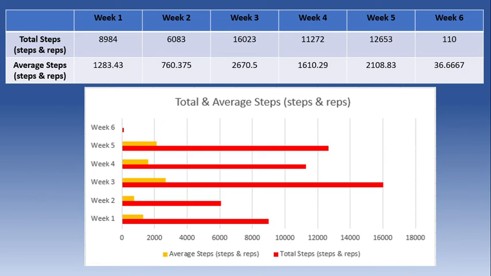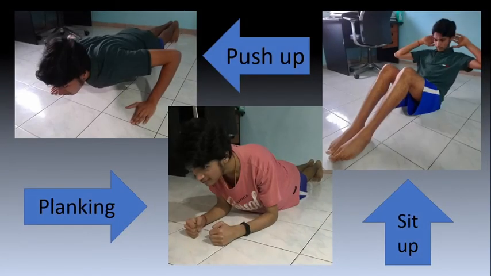According to the chart, on week 3, I have done a total of 16,023 steps due to the more exercises I did, which included jogging, quite a number of steps, and the average was 2,670.5 steps and reps.